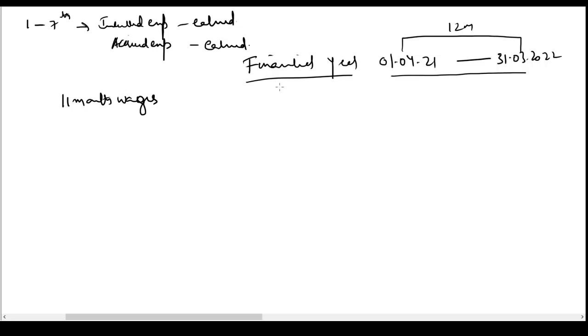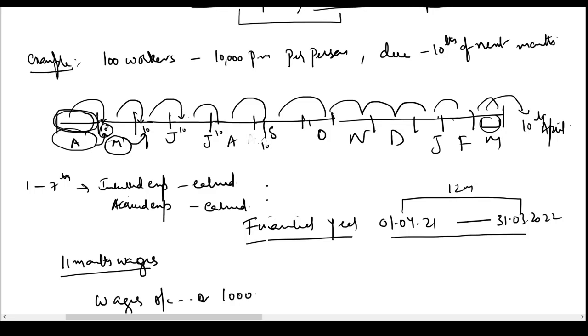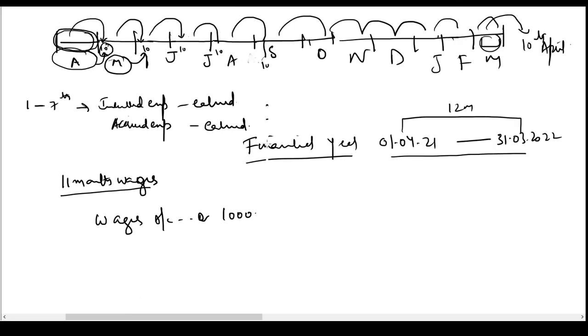I am going to prepare financial statements for this 12-month period. So I know that 11 months' wages would have been paid during the same accounting period. I would have passed the entry, wages account debit. How much is it? 10,000 rupees per month, and there are 100 workers, so it will be 10 lakh rupees.